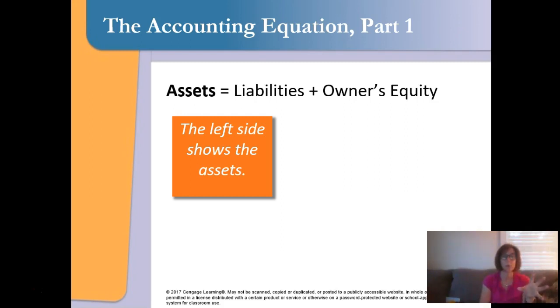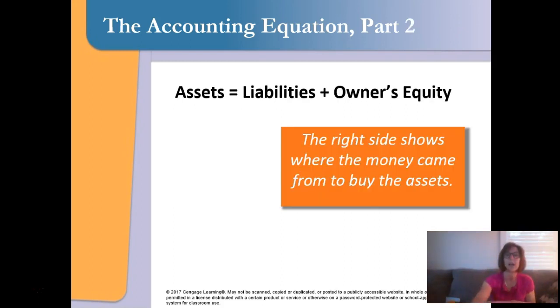So assets are going to be on the left side of the equation by themselves in front of the equal sign, and then liabilities and owner's equity are on the right side of the equal sign. And our assets must always equal our liabilities plus owner's equity.